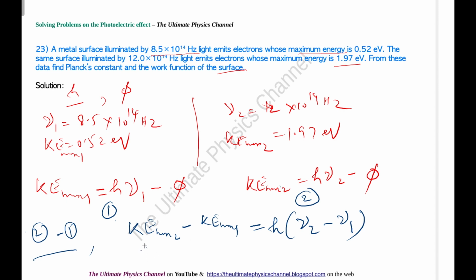On the left side, we know 1.97 is Ke max 2 minus 0.52. On the right side, h is what we should calculate, and the frequency difference is 12 minus 8.5 times 10 power 14 hertz, that is common for both.